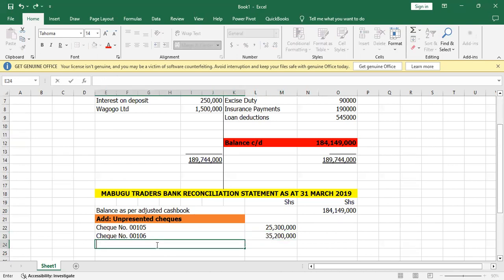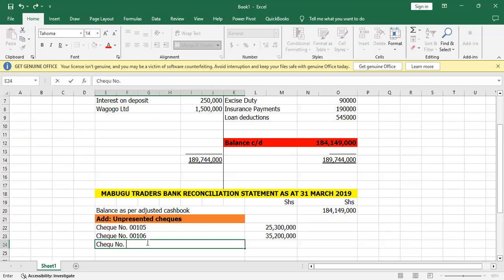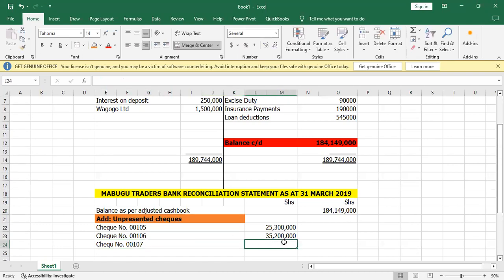Then we also have check number 00107, 27,346,000. You also enter that.